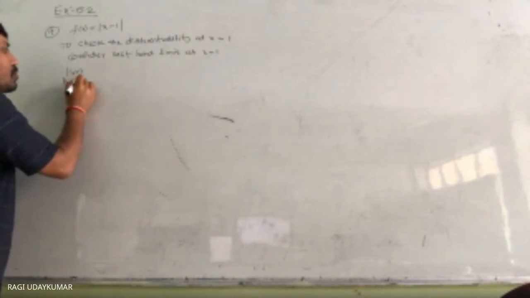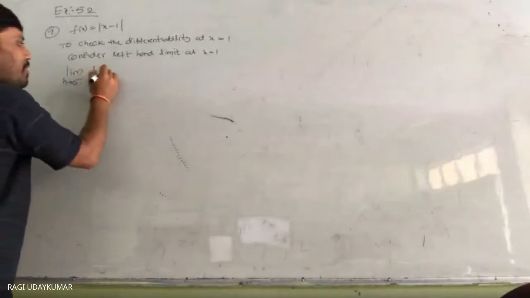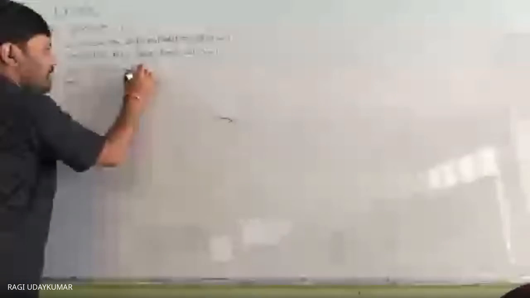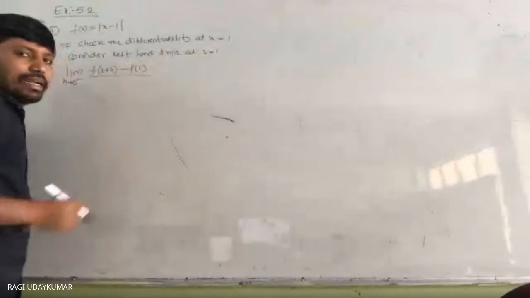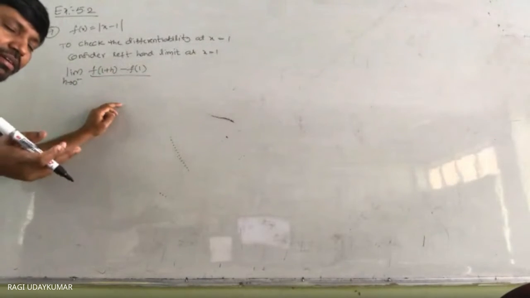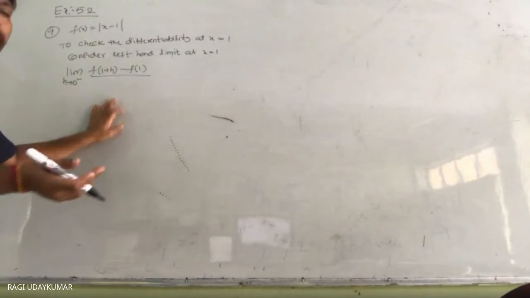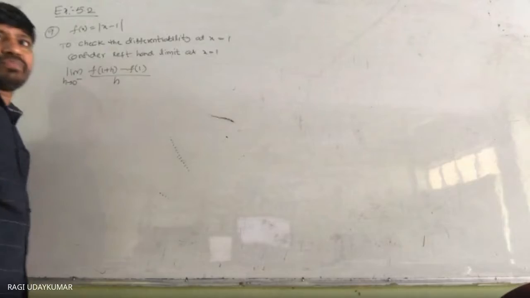Limit h tends to 0 minus of f of 1 plus h minus f of 1 by h. At x equals c, it is f of c plus h minus f of c by h that we are going to get.